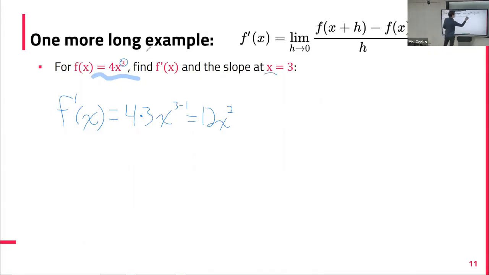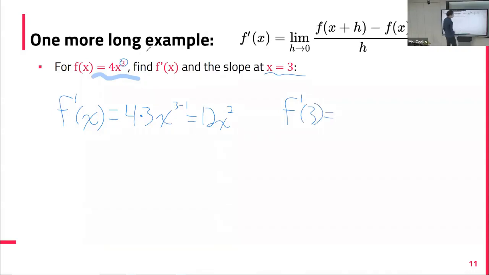And what about at this point? When x is equal to 3, what is the slope? 108. All right, so our slope then, we want f prime at 3, when x is equal to 3.